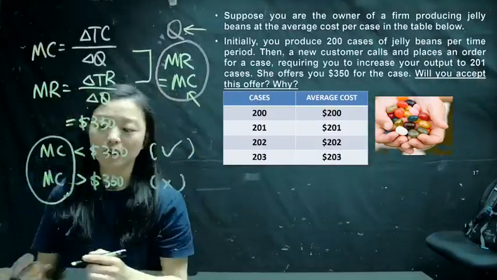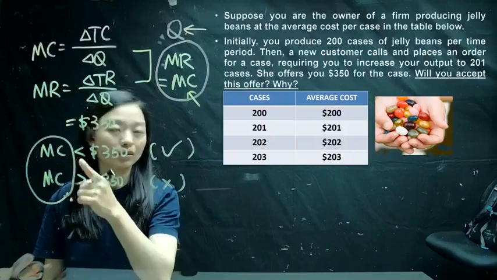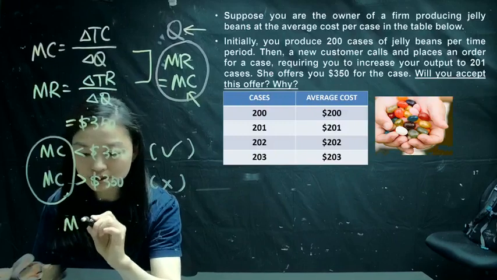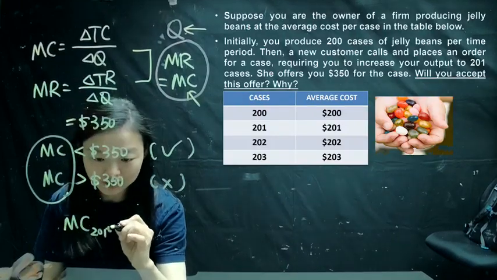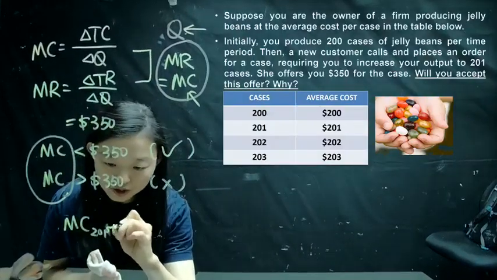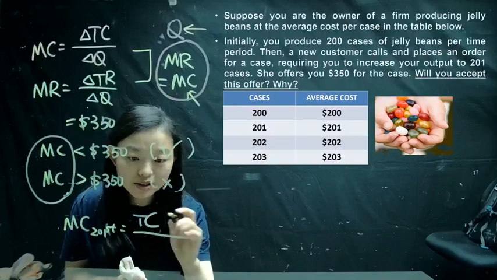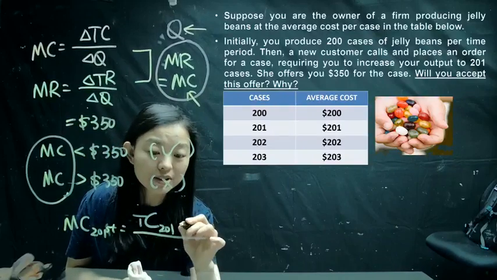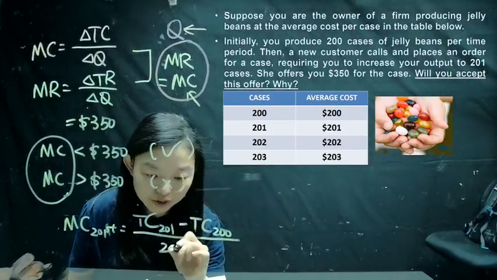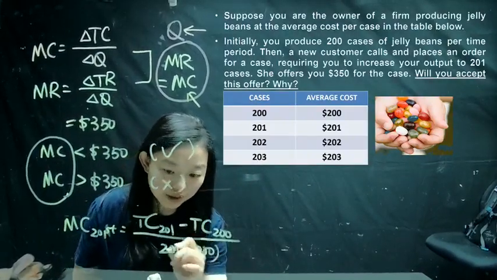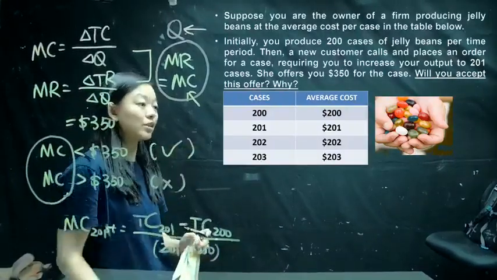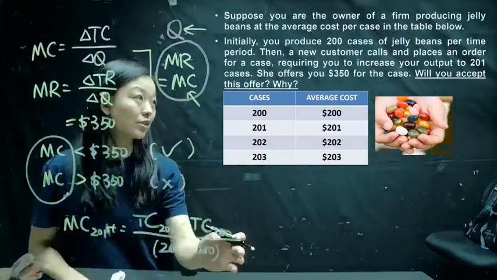So in this case, how can we get the marginal cost of that one more case? The marginal cost will equal the total cost at 201 cases, minus the total cost when you're producing 200 cases, divided by 201 minus 200.